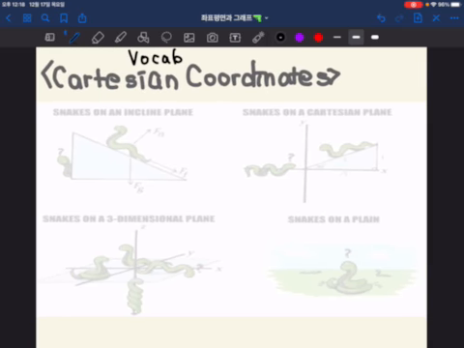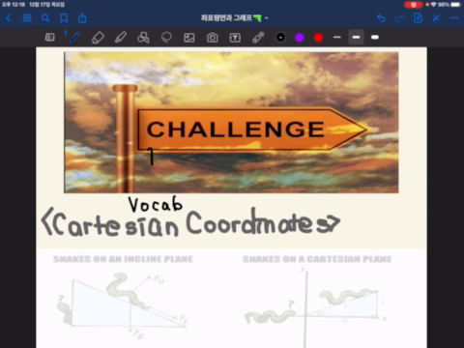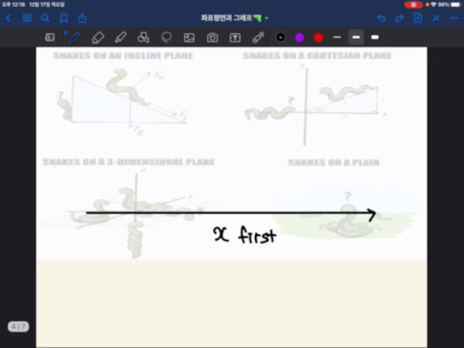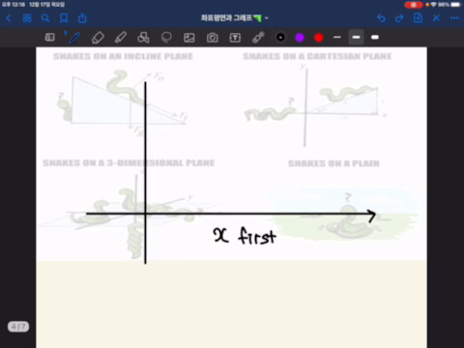So to talk about this Cartesian plane, Cartesian coordinates, and specific vocabulary, in the Cartesian plane the horizontal distance, x, always comes first, and the y comes after the x coordinate.